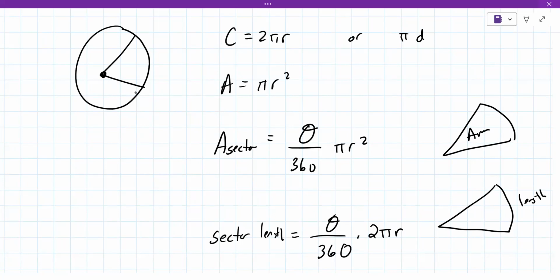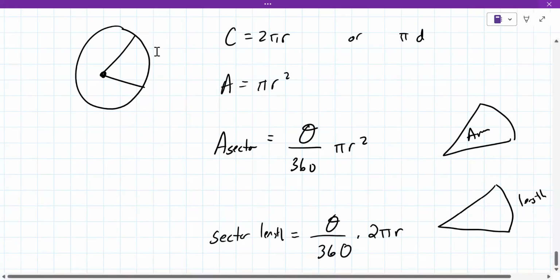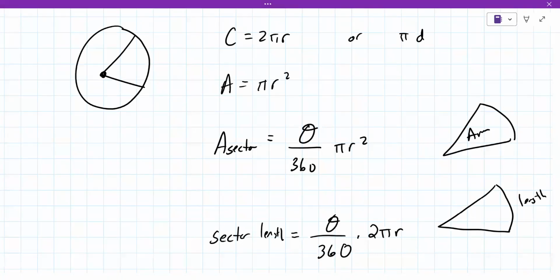So area of the sector and then length of the sector.